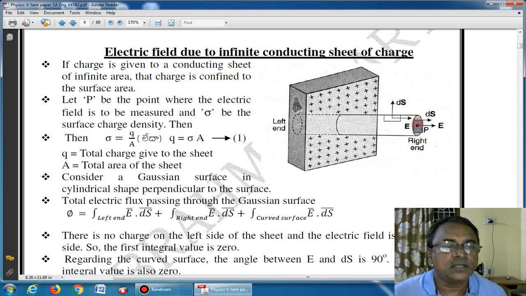Here the direction of electric field is E bar, that is in this direction, and we will take a vector normal to the surface area, whose length is equal to the area of this surface, and that vector is called the areal vector.